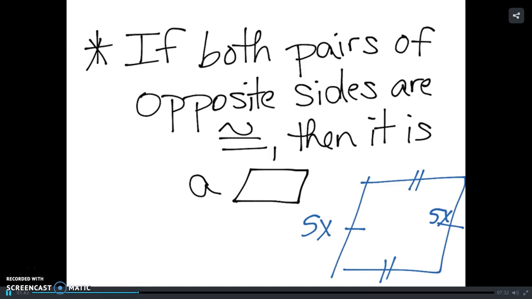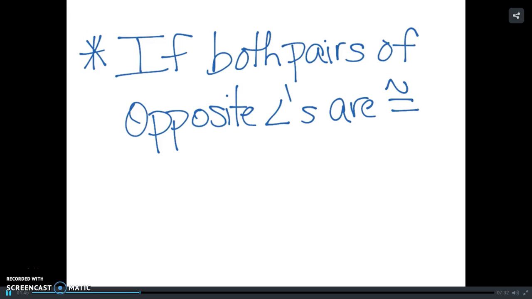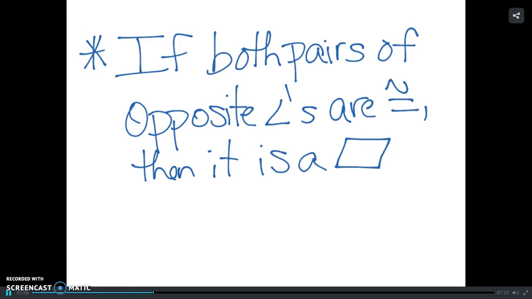Okay, so let's look at test number 2. Test number 2 says if both pairs of opposite angles are congruent, then it's a parallelogram. And keep in mind, all of these are also predicated on the fact that it has to be a four-sided figure.